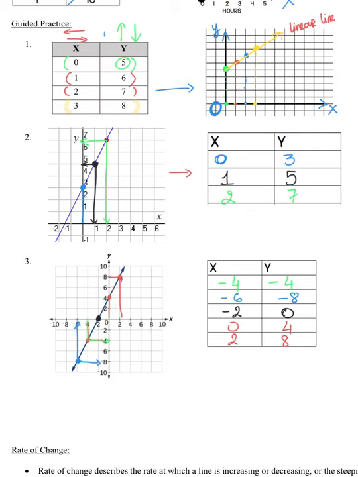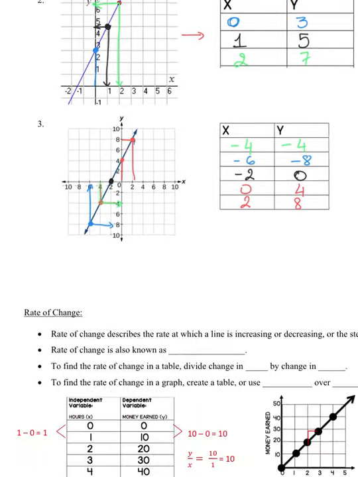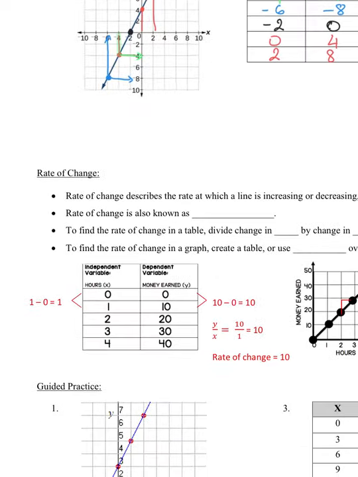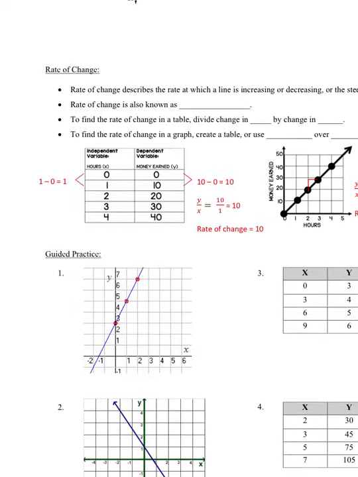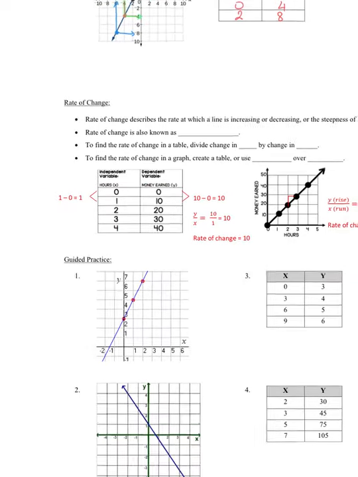So we finish and review how to plot a point on the coordinate plane or create a table with the ordered pairs. This one, we will start to find the rate of change.